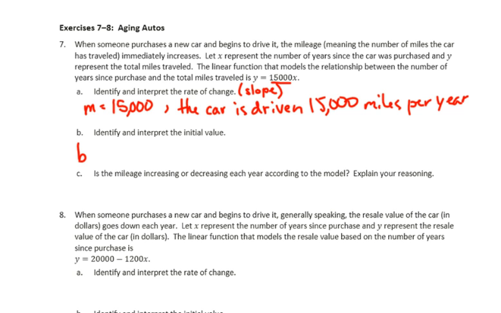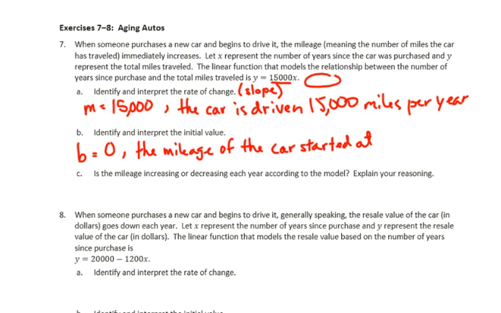So we call that the y-intercept, which is b. You'll notice there's nothing at the end here, so b is 0. And what that tells us is the mileage of the car started at 0. So it was a brand new car with no miles on it.